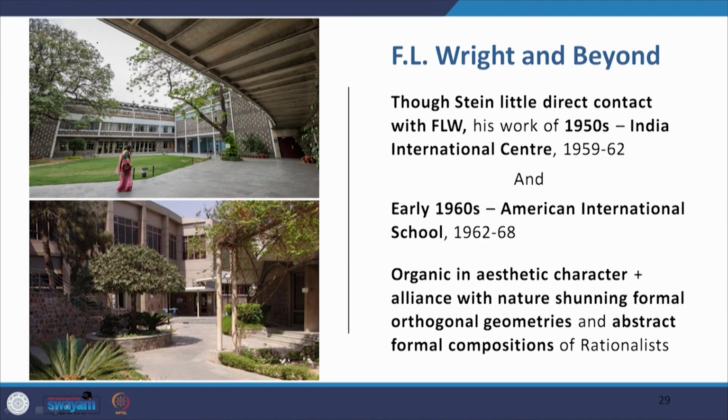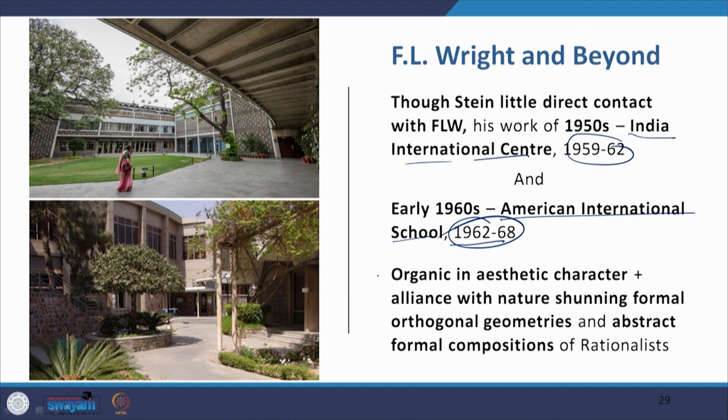Now if we were to see F.L. Wright and beyond in India, though Stein had little direct contact with FLW, in his works of the 1950s like the IIC and his early 1960s work of the American International School, from 1962 to 68, approximately the same time, these two projects were done in parallel.